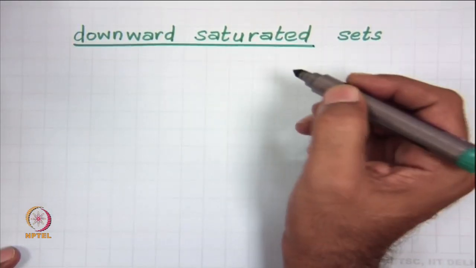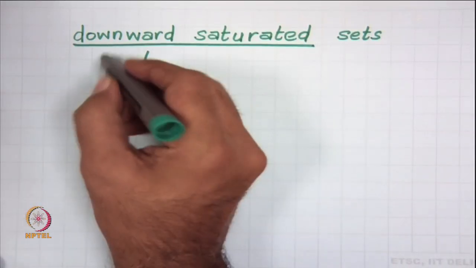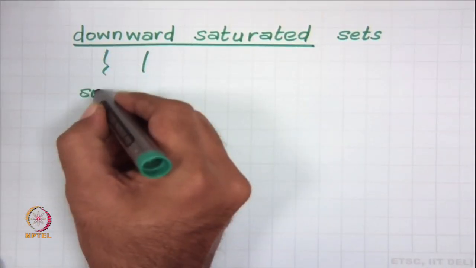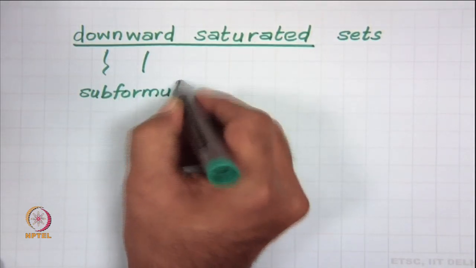Yeah. So, they are downward saturated in the sense that you are looking at essentially subformulae.